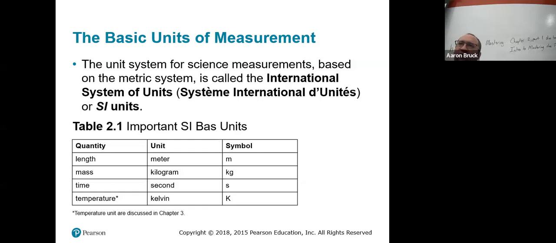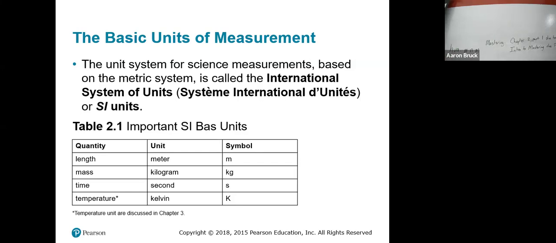If I wanted to take the volume of this Kleenex box, I would take length times width times depth. Those are all 3 measurements of distance. Distance times distance times distance to get volume. Well, that doesn't make it a base unit. That makes it a unit that is made from base units. So we have a different name for those. So that's why some of the units that we're kind of most familiar with aren't here.